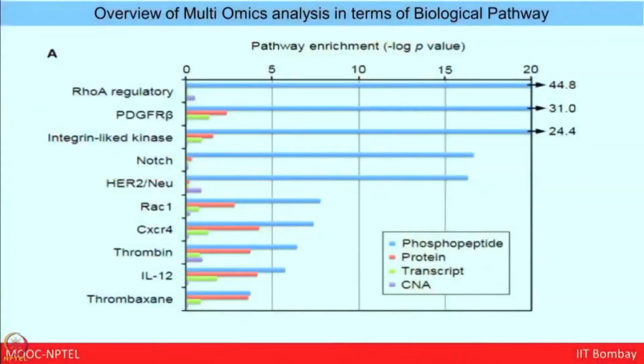So, to understand the complete biological pathway, they took phosphopeptides, proteins, transcripts and CNA, and they found these are the top pathways playing a role in this cancer pathobiology. Out of which PDGFR beta, which we all know is an angiogenic receptor, is also showing an important correlation in terms of biological pathway.